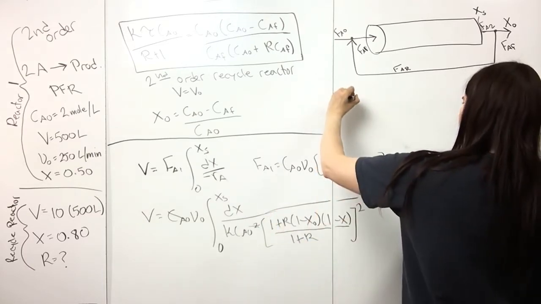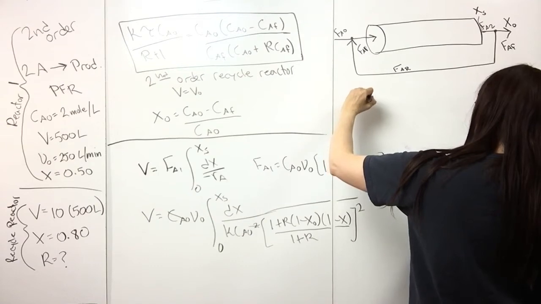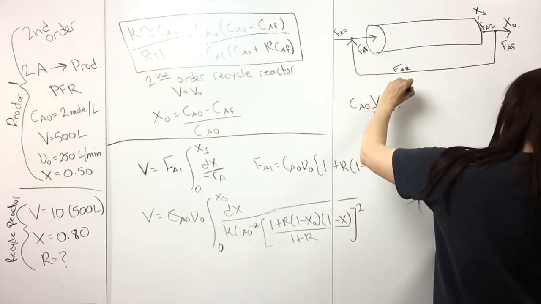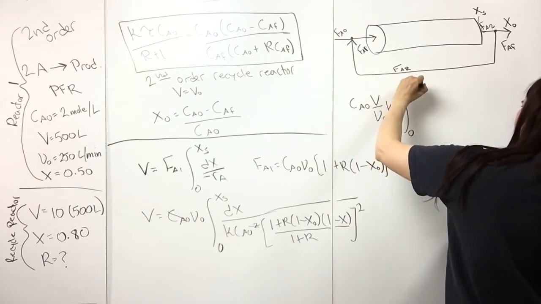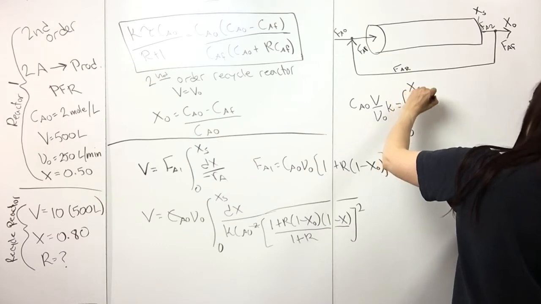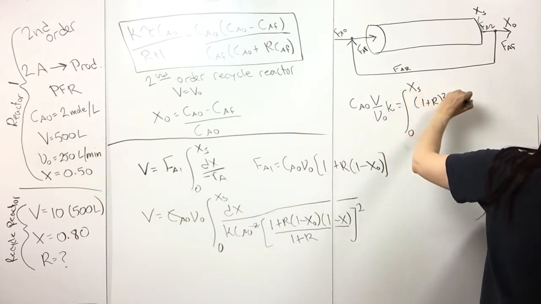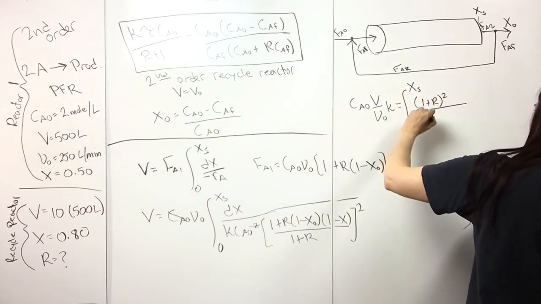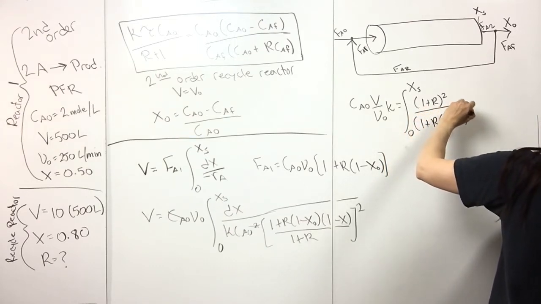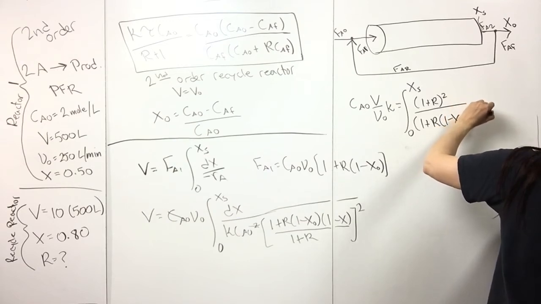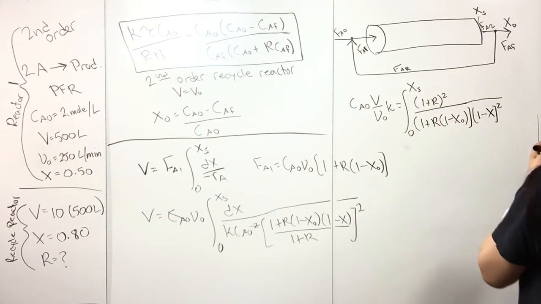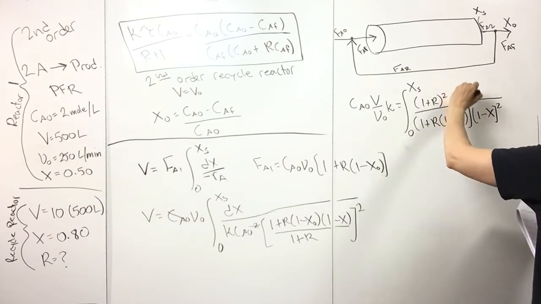So I have CA naught V over V naught K is equal to the integral from 0 to XS of (1 plus R) squared over (1 plus R)(1 minus X naught) times (1 minus X) squared, dx.